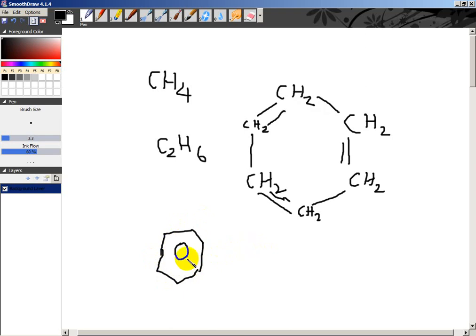What is a derivative of benzene? If one hydrogen in benzene is replaced by OH, this is phenol. So derivatives of hydrocarbons are also discussed in organic chemistry.